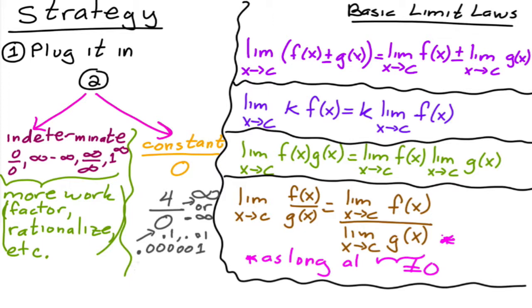One of the two. Well, how do you tell which one it's going to? Is it going to infinity or negative infinity? Well, what you need to do is plug in a number that's close to it, and you're going to check the sign.